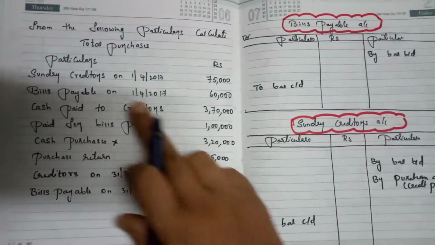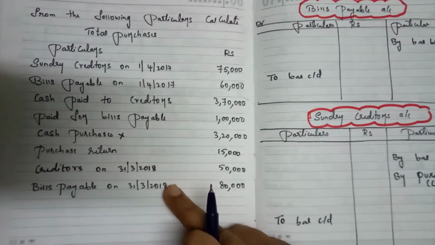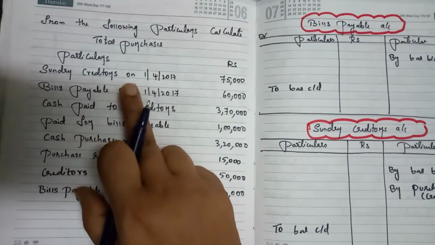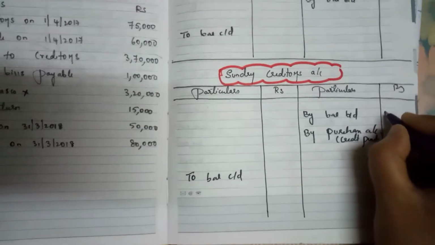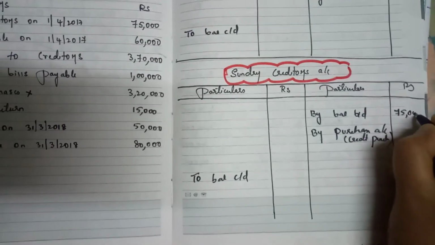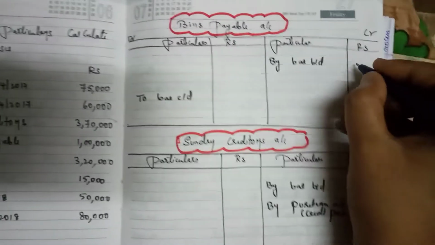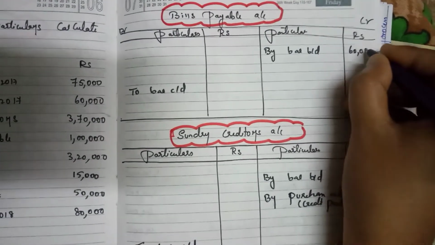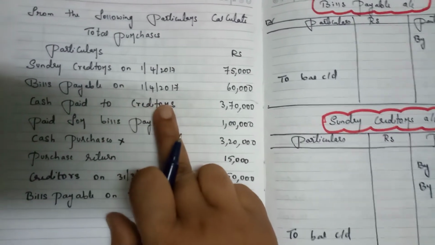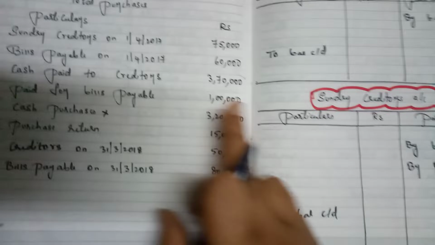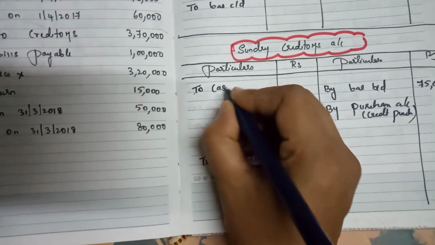So we'll start. Sundry creditors, just check once: this is opening, this is closing. Sundry creditors opening, go to the creditors, 75,000. Bills payable, this is also opening, 60,000. Cash paid to creditors. You are paying to whom? Creditors. Go to the creditors, to cash account.